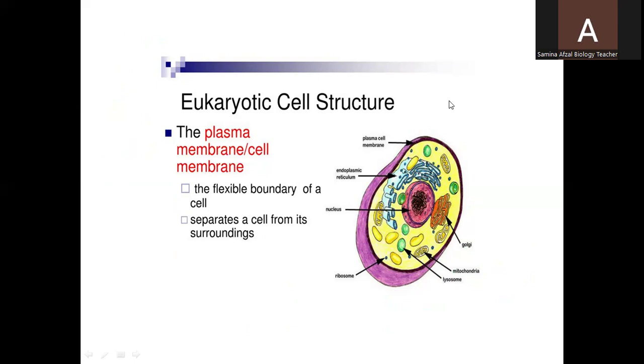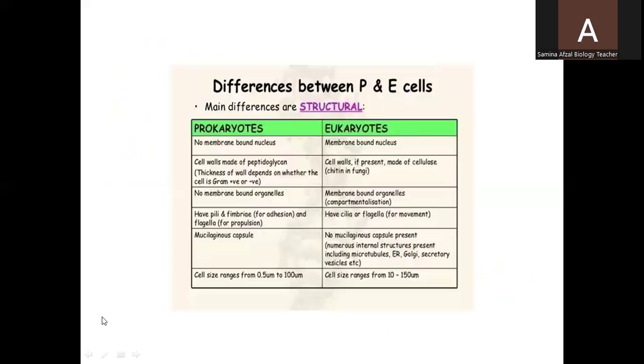So a membrane bound nucleus is there, and the other organelles such as ribosomes, mitochondria, etc. All organelles which have a double membrane around them are categorized into the eukaryotes.